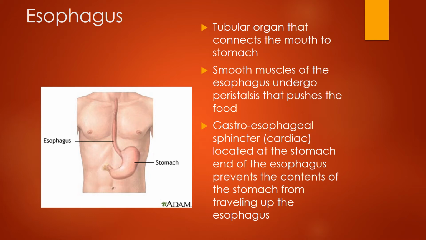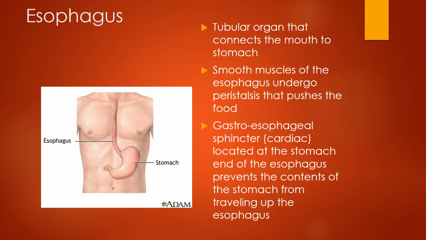Ring-like muscles called sphincters form valves in the digestive system. The gastroesophageal sphincter, or cardiac sphincter, is located at the stomach end of the esophagus. In response to swallowing and the pressure exerted by the bolus of food, this sphincter opens and the bolus enters the stomach.